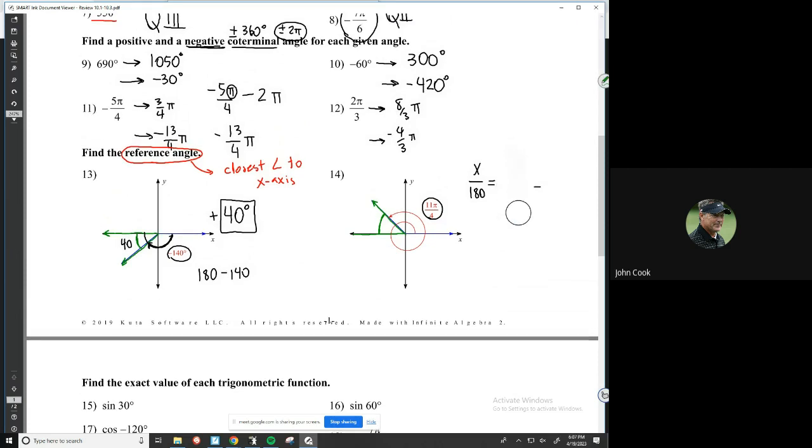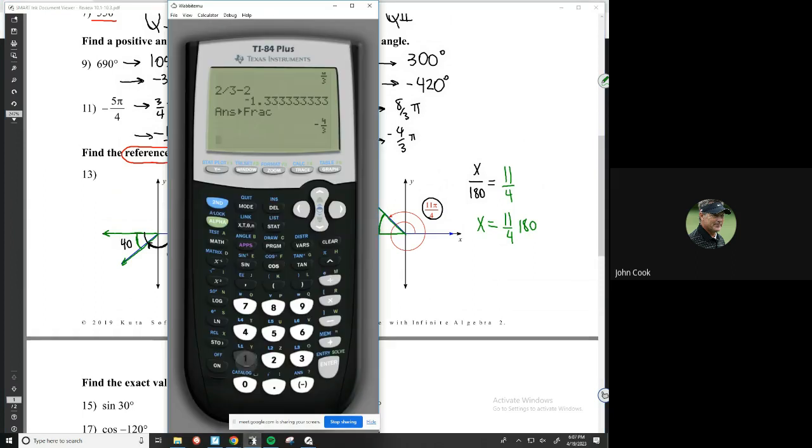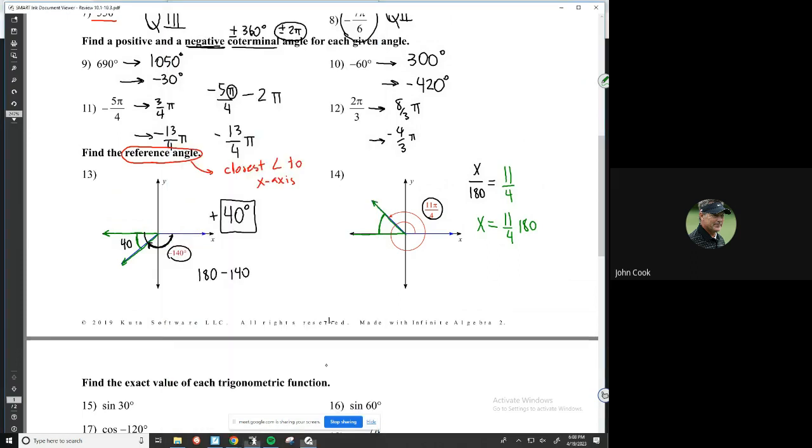So I just have 11/4 over here. Then if I multiply both sides by 180, what do we get? Let's use the calculator. I bet it's like 400 something. 11 over 4 times 180 equals 495. So it's a 495 degree angle.